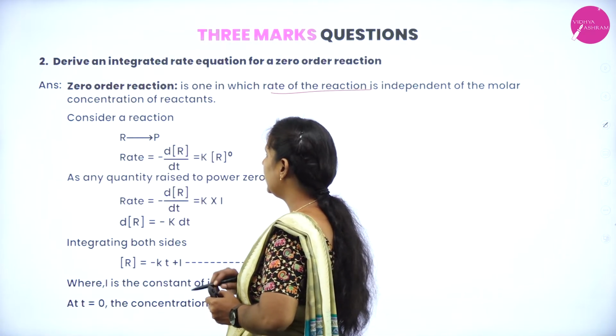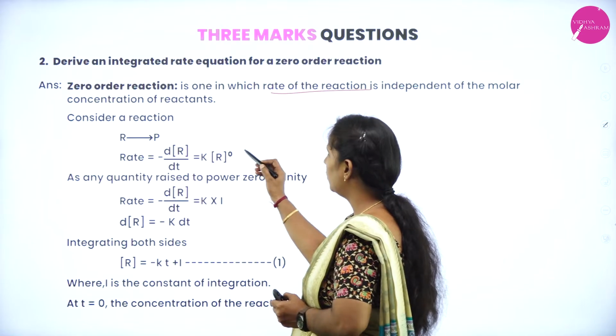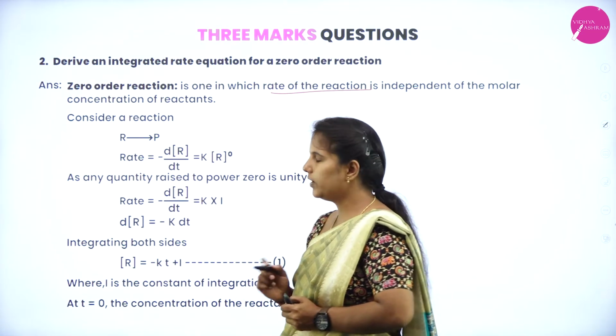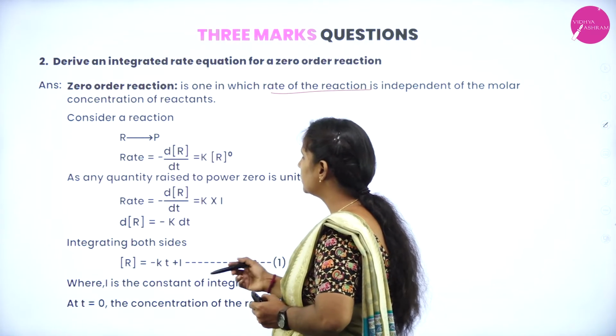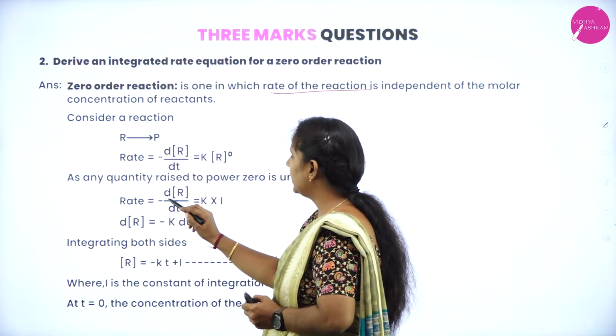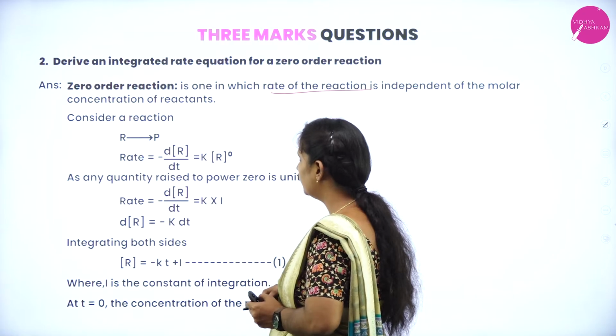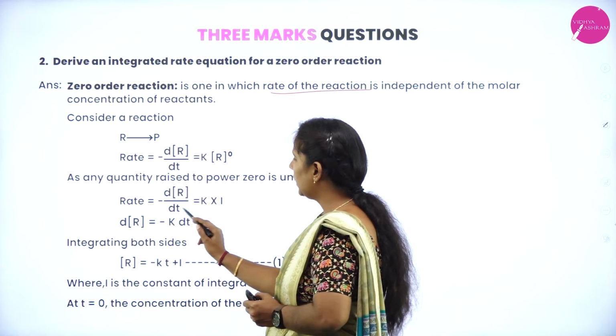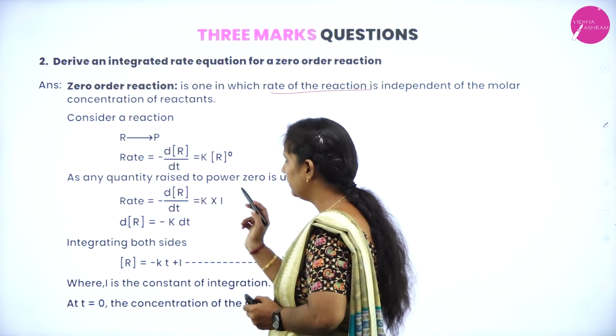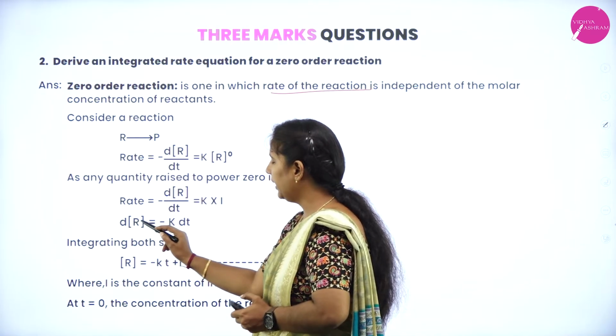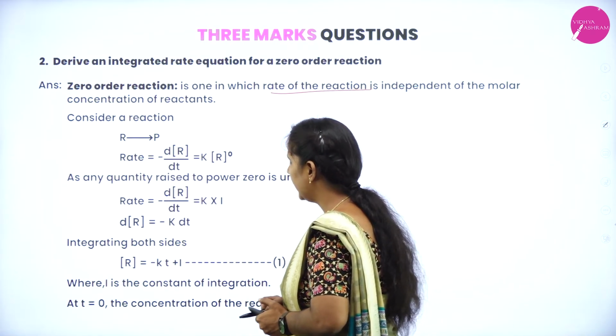Now, any quantity raised to the power 0 is always equal to 1. So the rate equation will be minus d[R] divided by dt equal to k into 1. Now, if you rearrange, you can rewrite it as d[R] equal to minus k into dt.